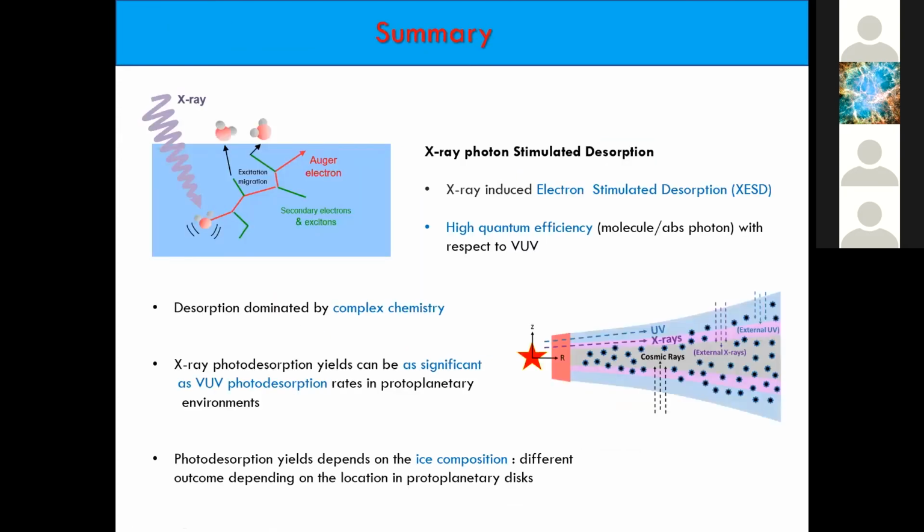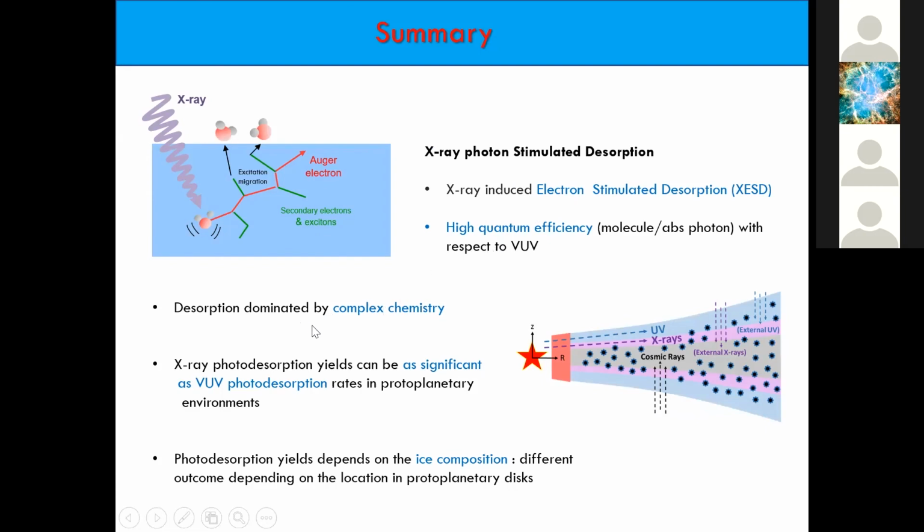The message was that in most cases, the X-ray photostimulated desorption we observe is an electron-stimulated desorption, dominated by the effect of the Auger electron. We obtain very high quantum efficiency. That means that if we look at the number of molecules ejected per absorbed photon, it's very efficient in the XUV.